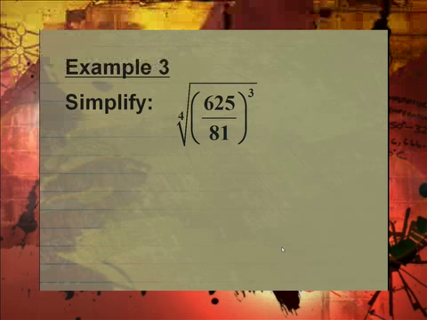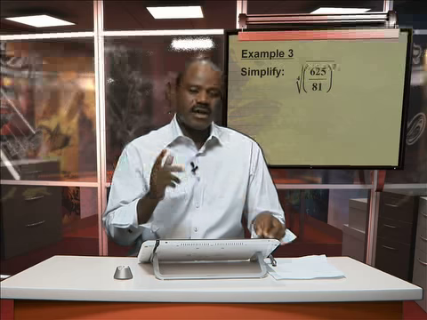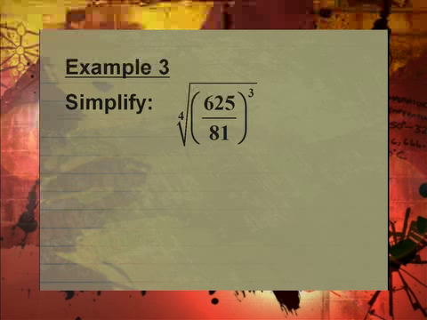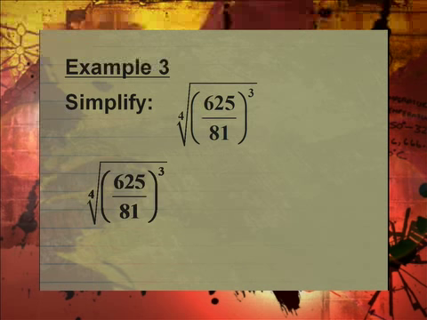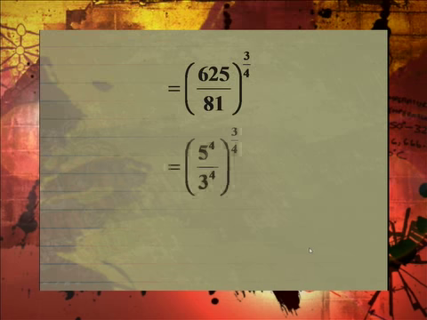Now, example 3, the same as the previous one. Work out the inside first if you can. If you can't, just apply your Mandela rule, and then you get the answer. Let's see how to apply this. Now, this, as I said, is 3 over 4. Yes, we went straight to Mandela rule. And then, look at it.